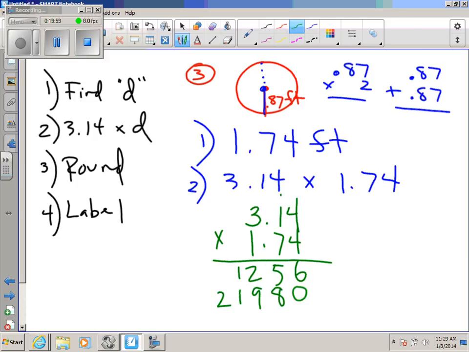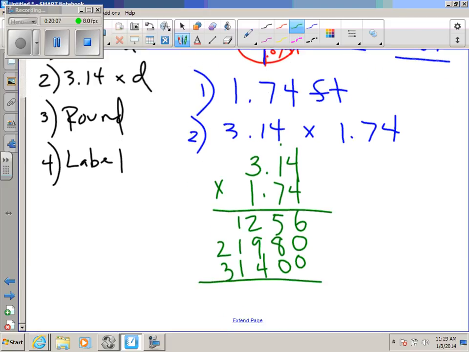As I go to the 1, how many zeros? 2. 4, 1, 3. Let's add them up. 6, 13, 3, 12, 16, 4, 5. Yes, good.